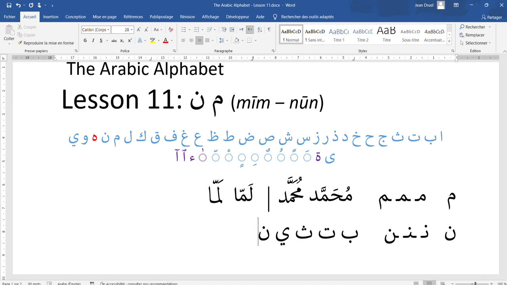When you see them in isolation, you usually don't mix them, but if you switch to the connected forms, then you would find that they look pretty much alike. I'm creating this non-word, and you would say this would be ba, ta, tha, ya, na, and you see that the only difference between all of these is one tooth.